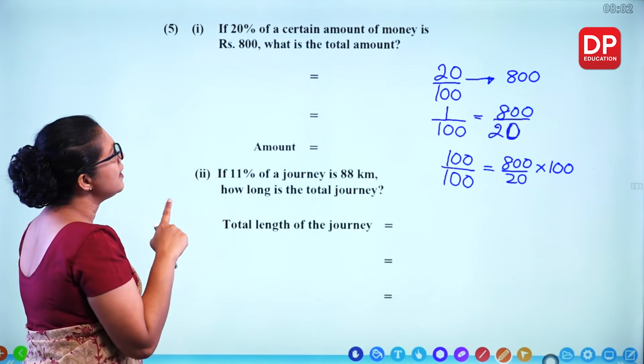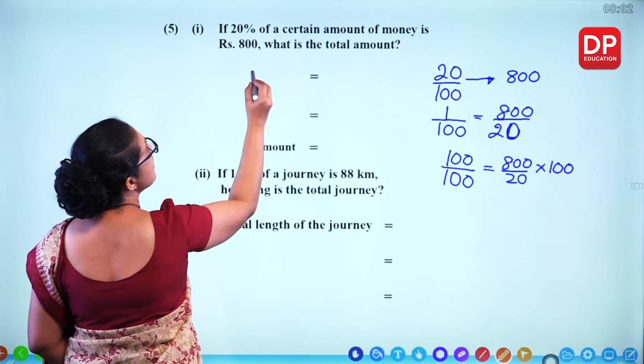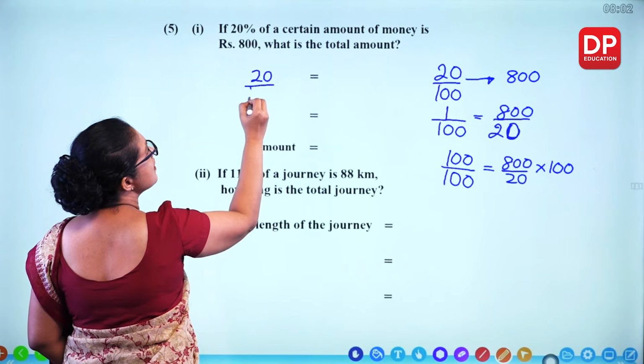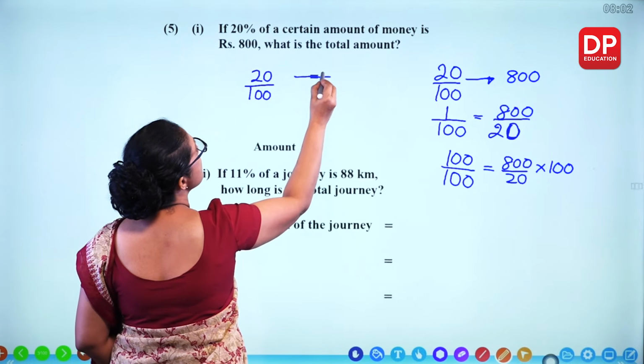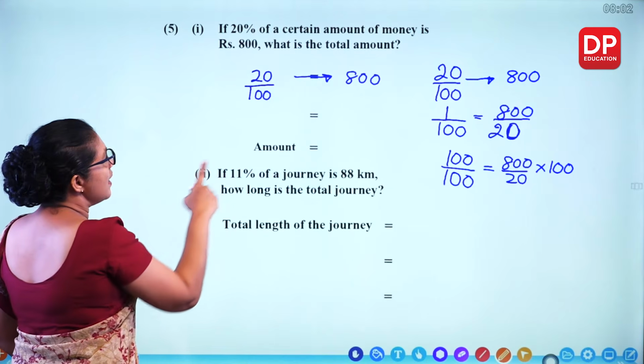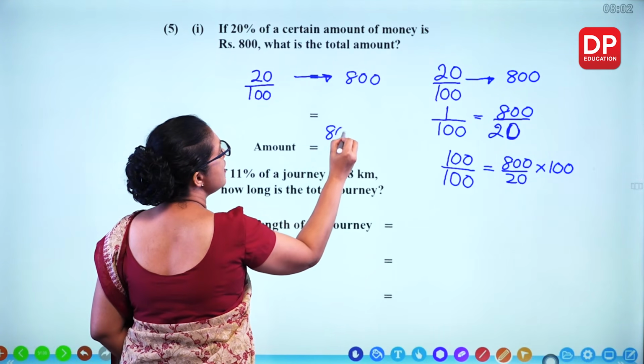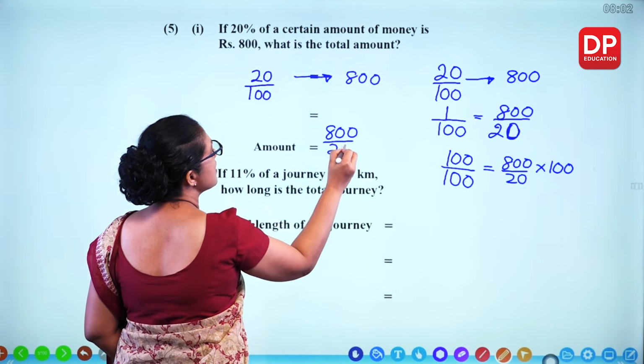So that's what we are doing. So 20 over 100 represents 800. And the amount straight away I can write 800 for 20 parts.